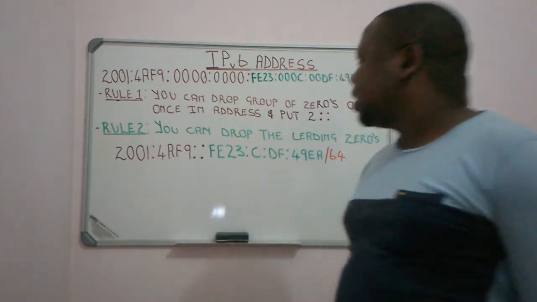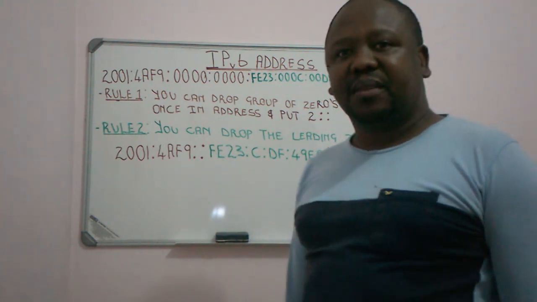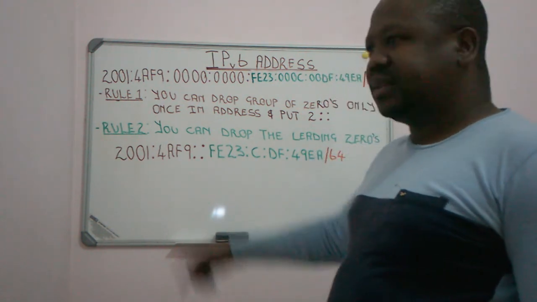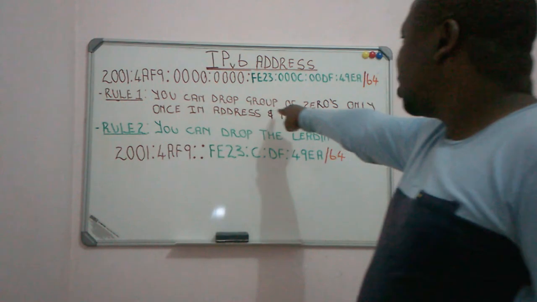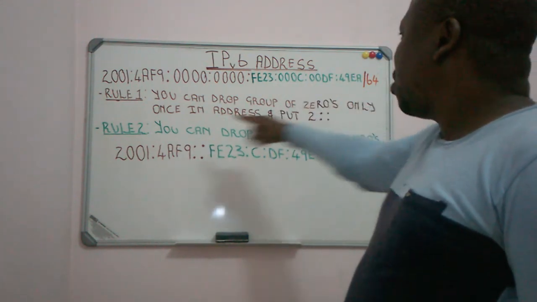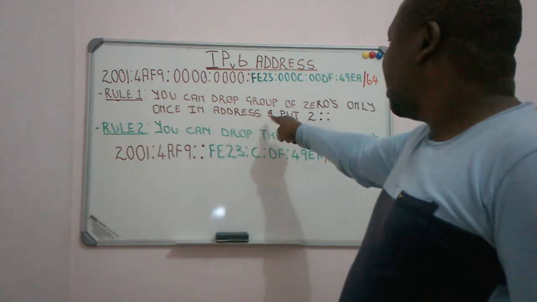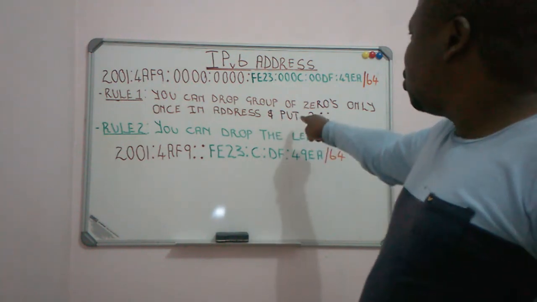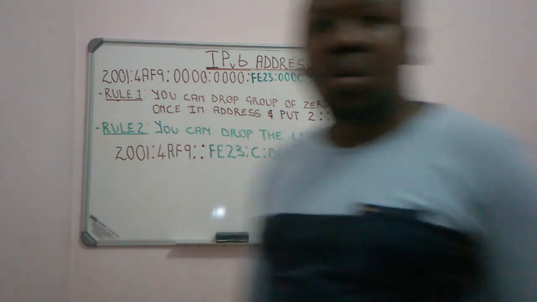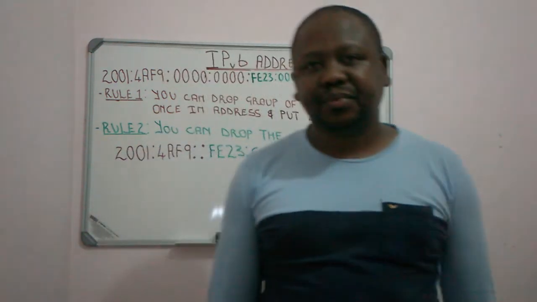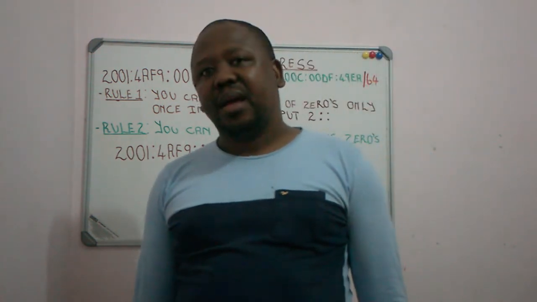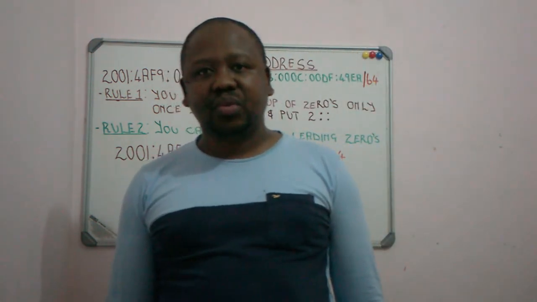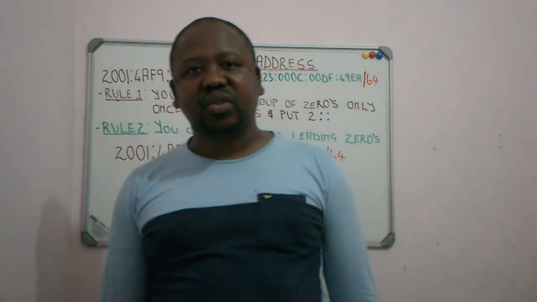We have rules when writing IPv6. Rule number 1: you can drop groups of zeros only once in an address and put 2 colons. And rule number 2: we can also drop the leading zeros.